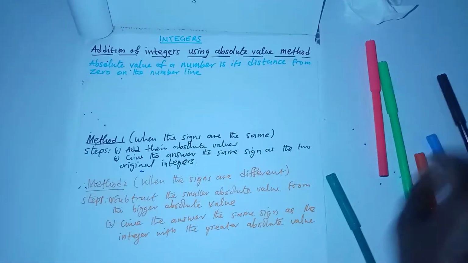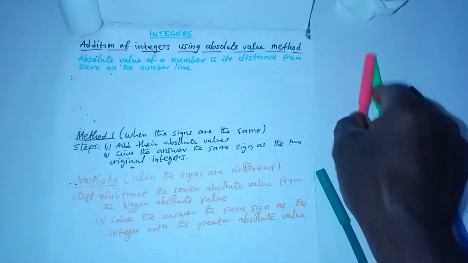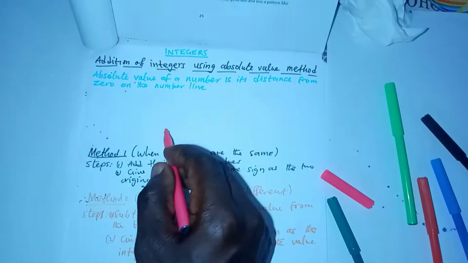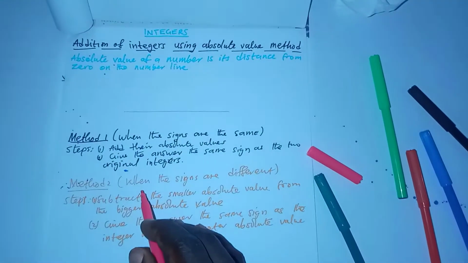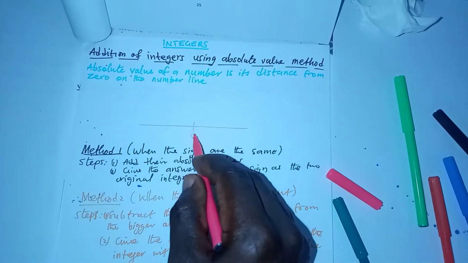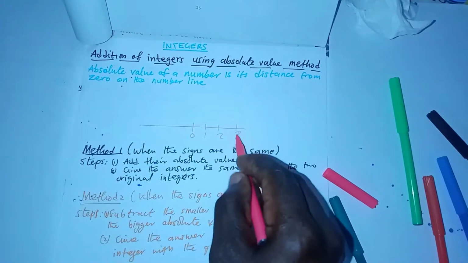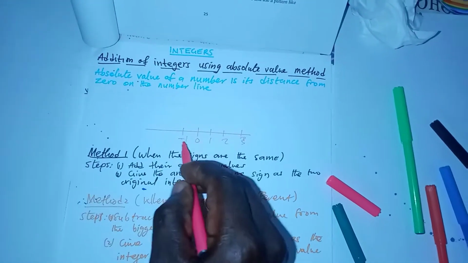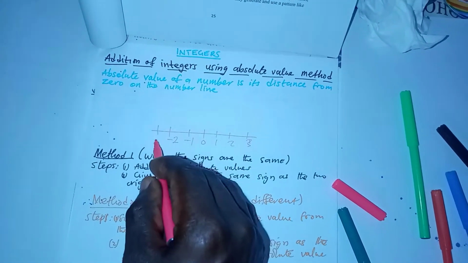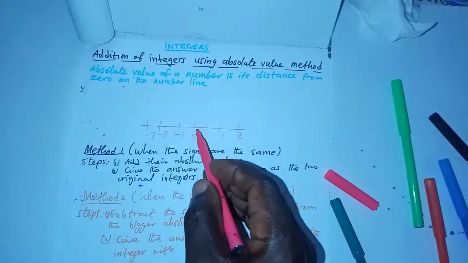So if you have a number line, then we have 0, 1, 2, 3, and -1, -2, -3. We know the distance is an interval.